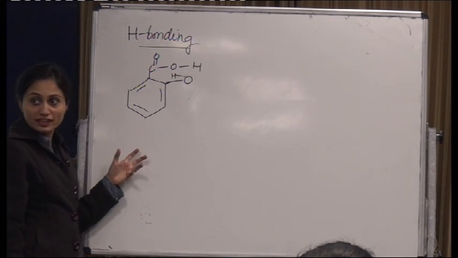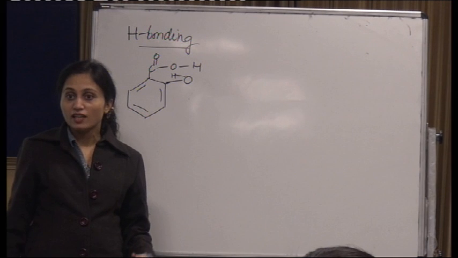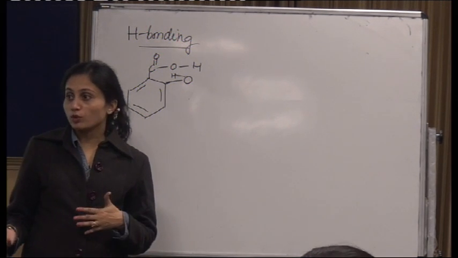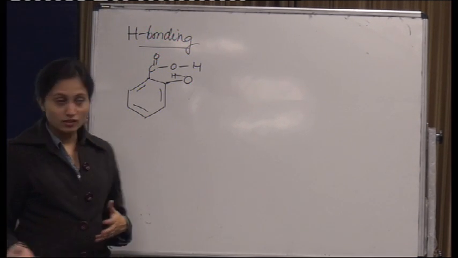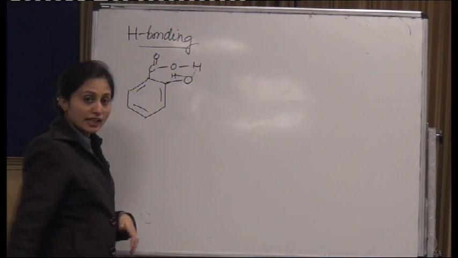Be confident about it. If it is happening within the same molecule, you call it intra. If it is between two different molecules, then it is inter of the same type. So in this case it will be intra.